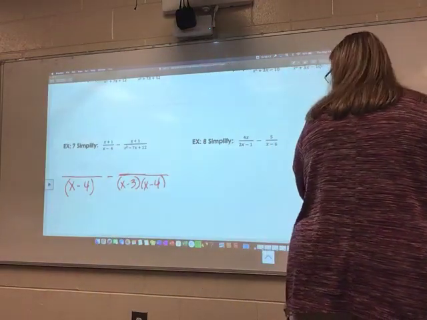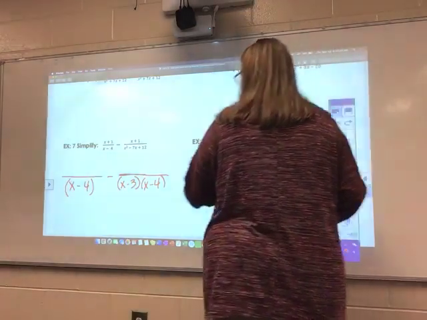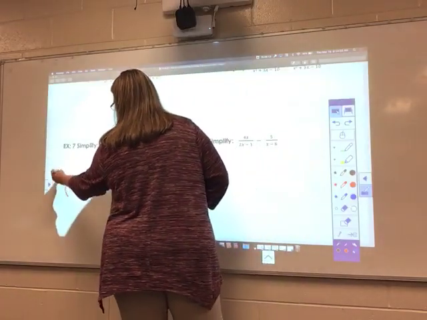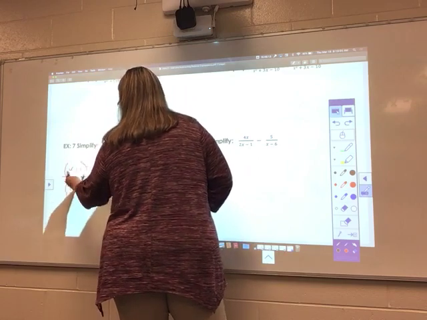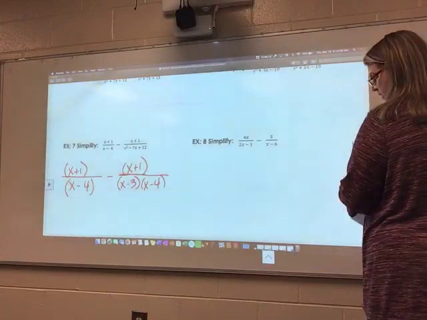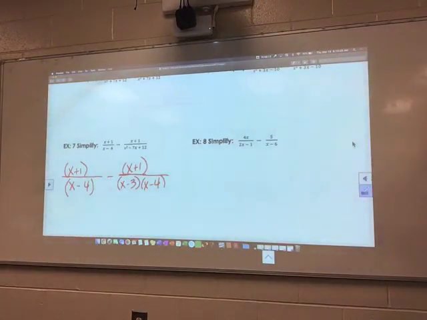Here's my numerator here, my numerator here. So what does my common denominator need? I've got x minus 4 on the left.